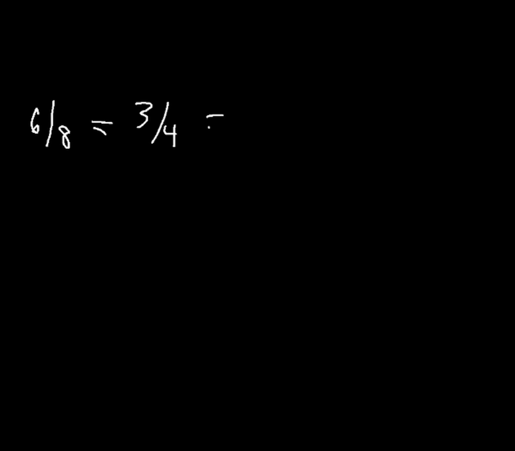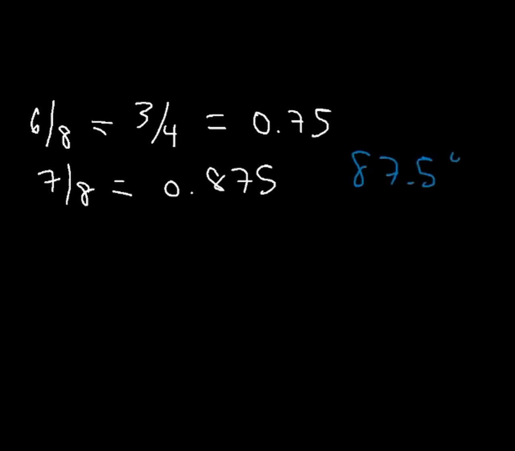You can reduce the fraction, which is equal to 0.75 or 75%. And 7 over 8 is 0.875, which is 87.5%.